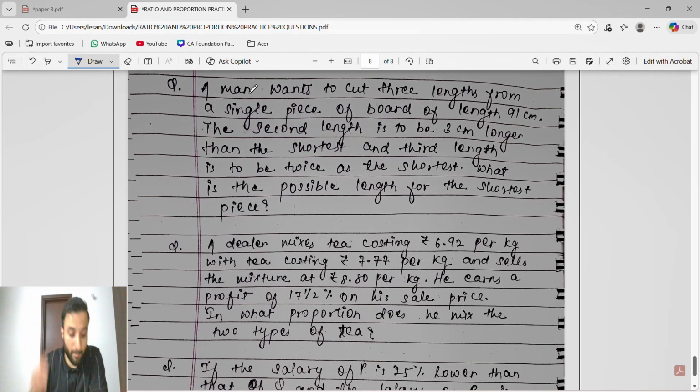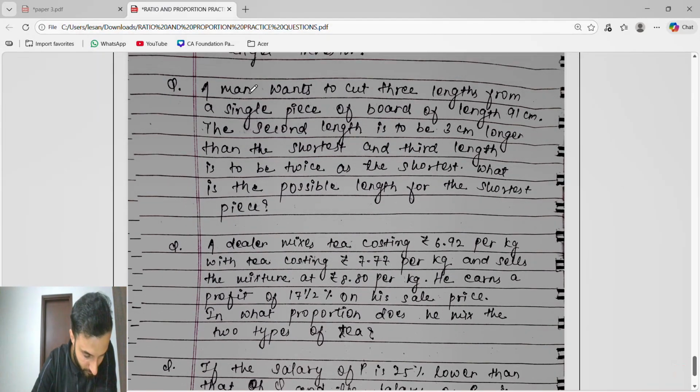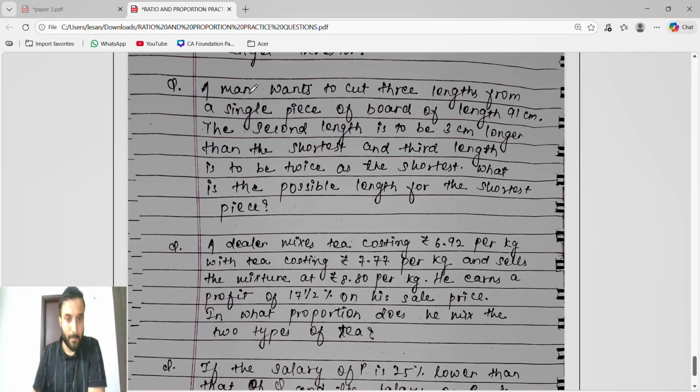Okay. Now a man wants to cut 3 lengths. What happened? A man wants to cut 3 lengths from a single piece of board of length 91 centimeter.